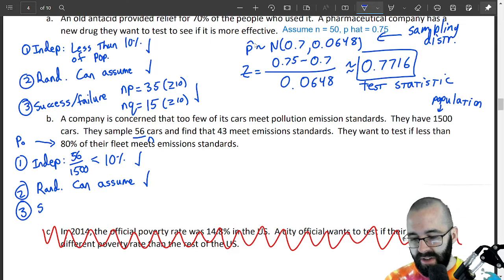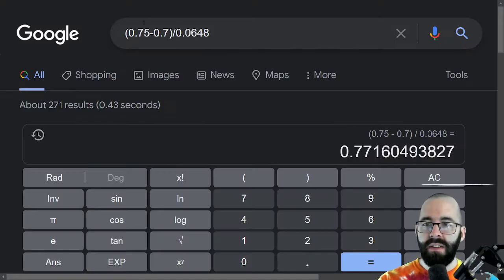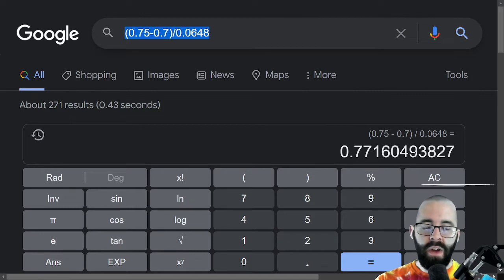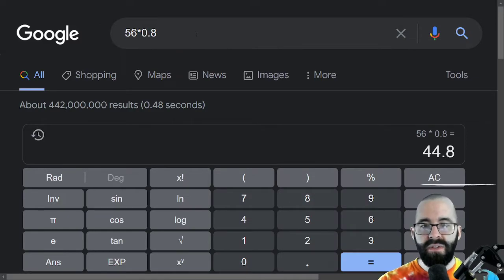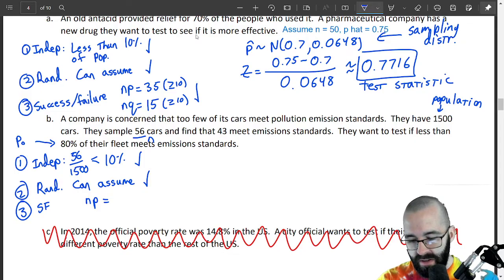All right, so success failure condition, we're going to look at n times P. Well, n times P is going to be 56 times 80%. Again, we don't know P, we're assuming P is about P naught. 56 times 80%, our expected number of successes is 44.8.